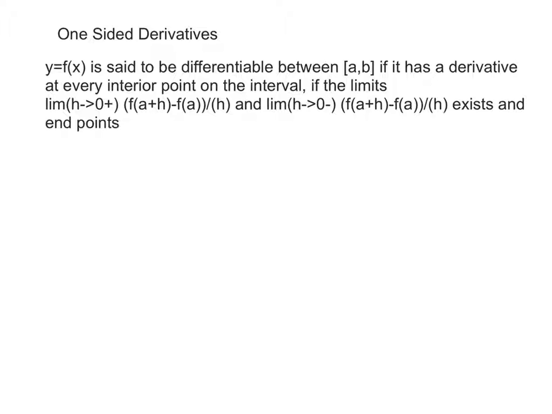The derivative exists at that point, just like the limit exists at that point if the left and right side limits are the same. So again, something that we already know. Thus we say a function has a derivative at a point if and only if the function's right-hand and left-hand derivatives are defined and are equal at that point.